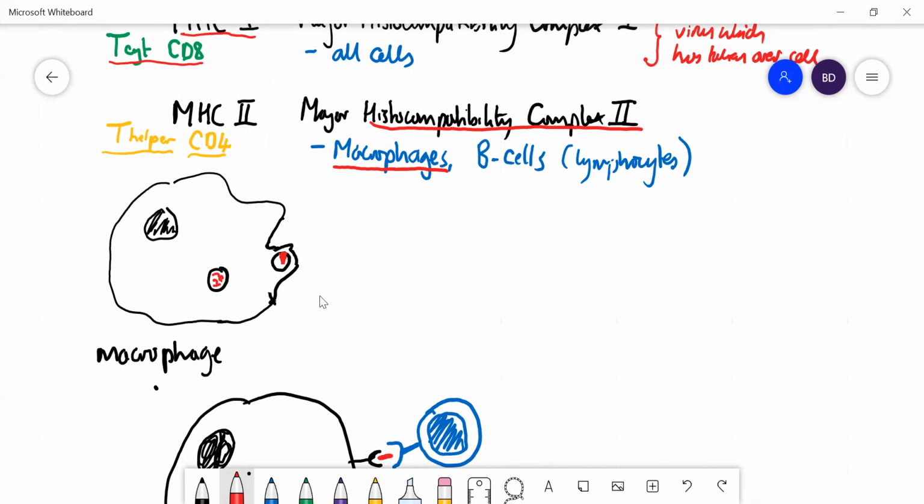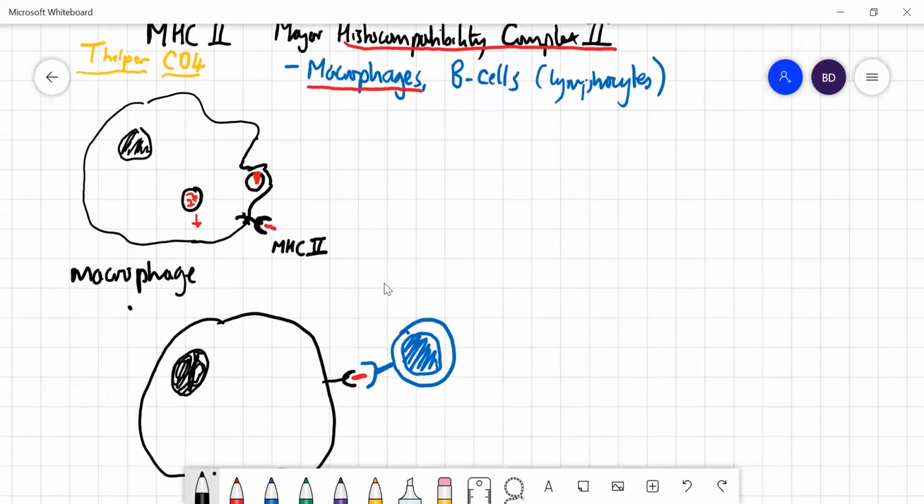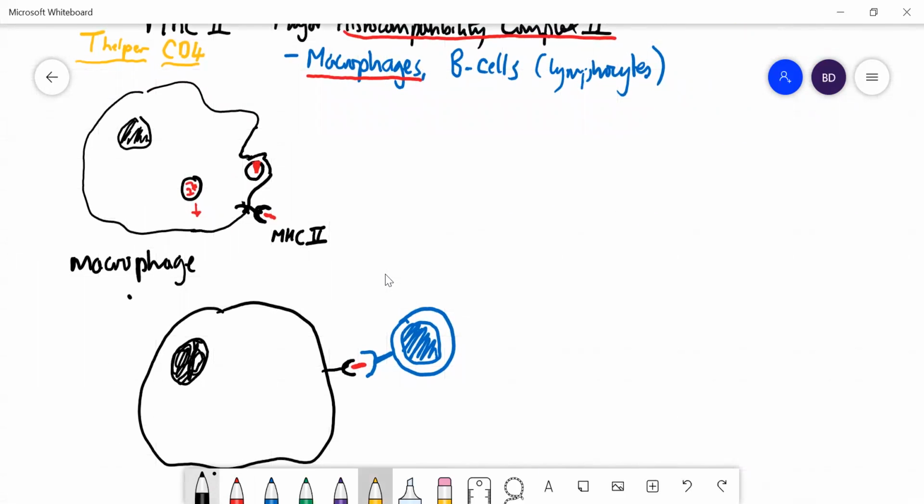That will then migrate to the cell membrane, and it will be presented as an antigen there. We've got a little bit of the peptide there, but this is not MHC1, this is MHC2, major histocompatibility 2, which can be recognized not by the cytotoxic T cell, but by this one here, the T helper cell.